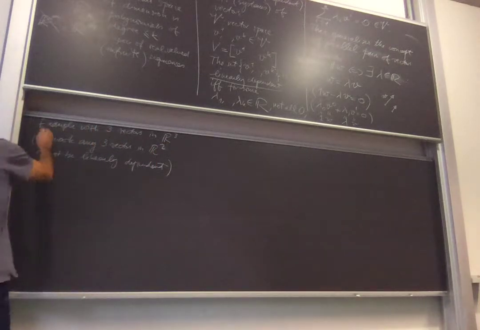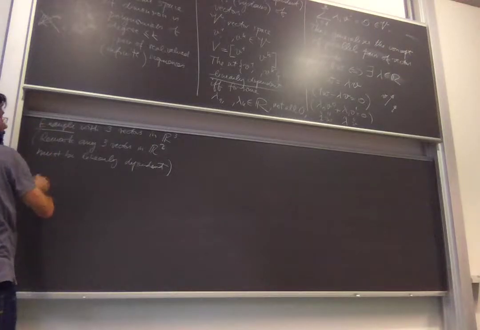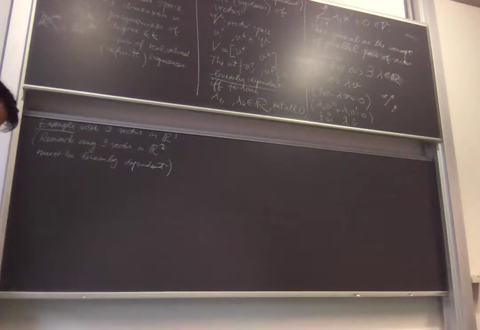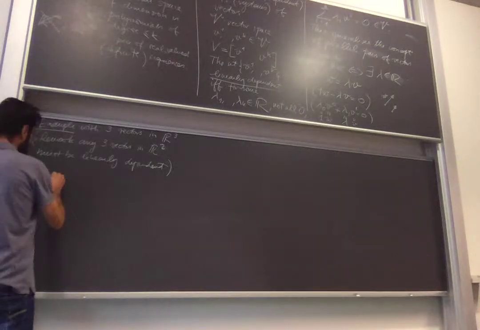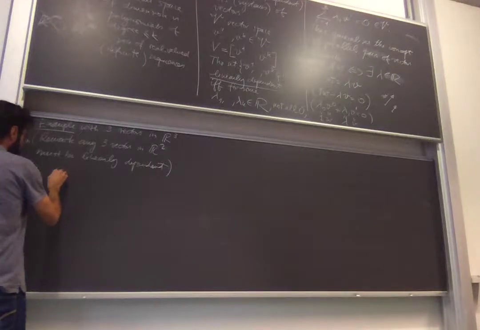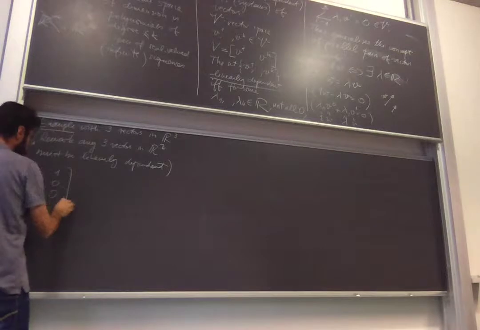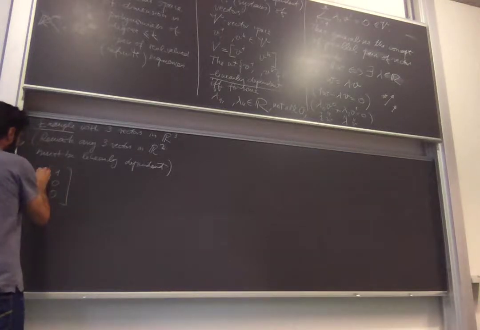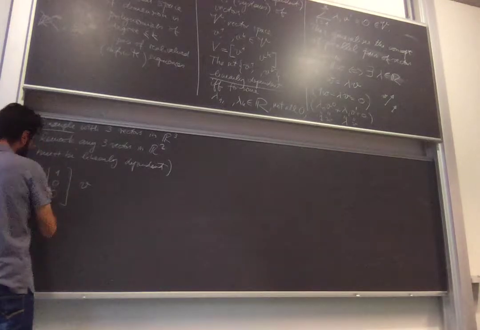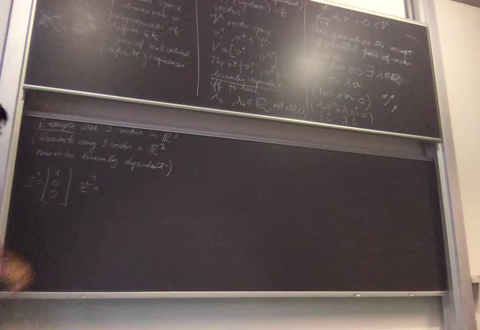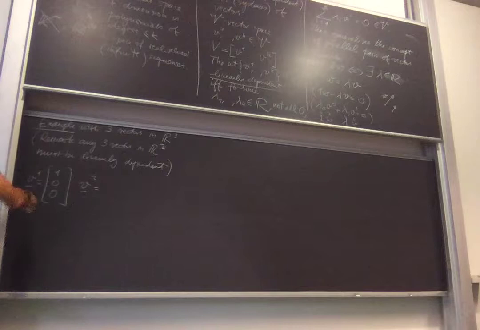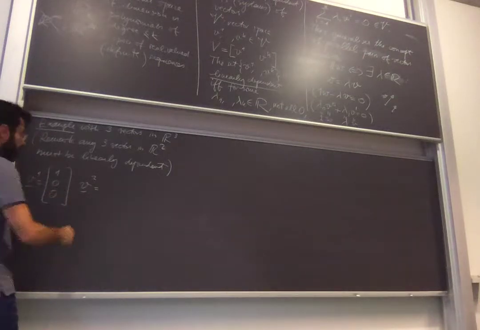So let's take an example of three vectors in R3. I'm going to take the vector, say, 1, 0, 0. Let me call this one V1, V2, because these are vectors in R3, and we usually indicate them with a boldface letter. That's why I underline it on the board.